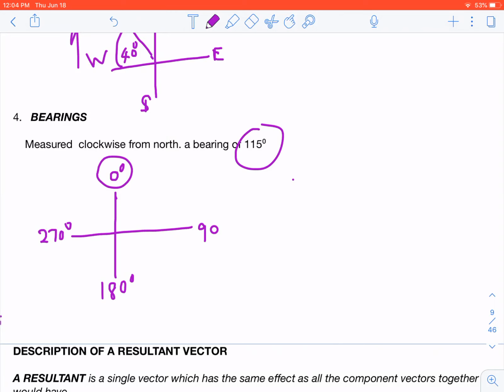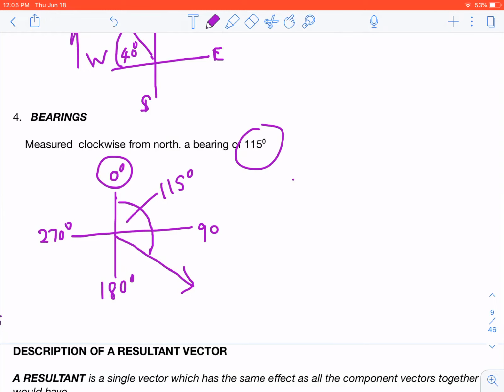So we know that is 90, and 115 would be slightly somewhere there. When we say on a bearing of 115 degrees, we mean that it's measured clockwise, right? And not anti-clockwise. Okay?